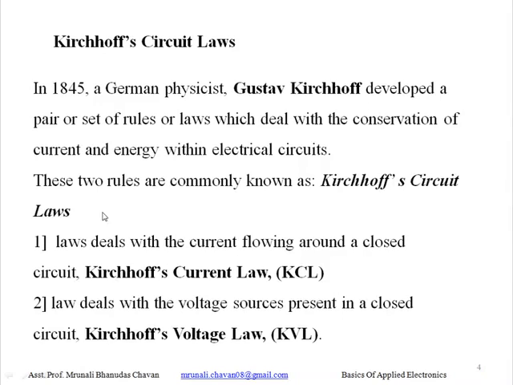The law that deals with the current flowing around a closed circuit is known as Kirchhoff's current law, while the law that deals with the voltage sources present in a closed circuit is known as Kirchhoff's voltage law.